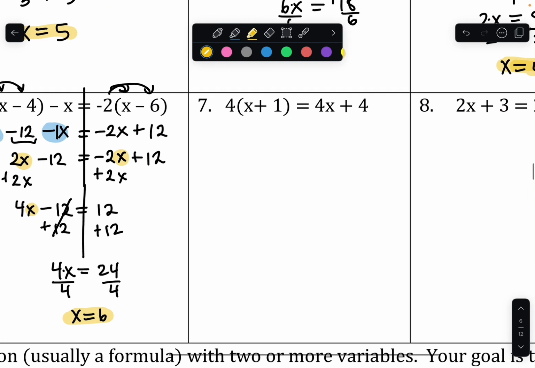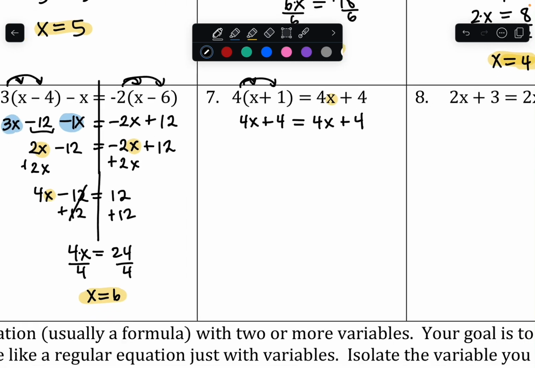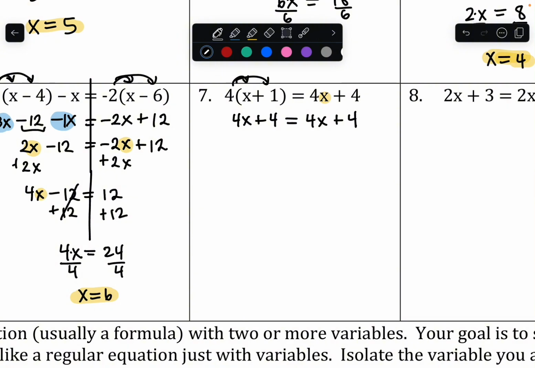Okay, over here, we have one set of parentheses, but we have x on both sides, so we do have to go ahead and distribute. So 4x plus 4 equals 4x plus 4. Now, just reading that, you can see the left and right-hand side are the same. And so this is a special case where the solution is all real numbers. But let's say you didn't notice.